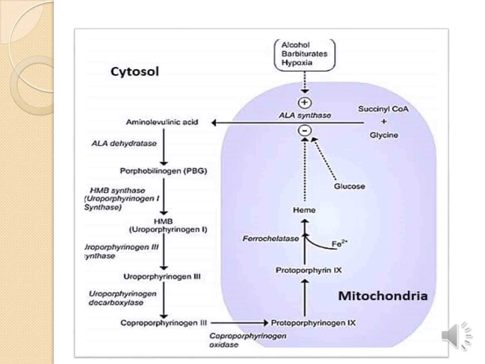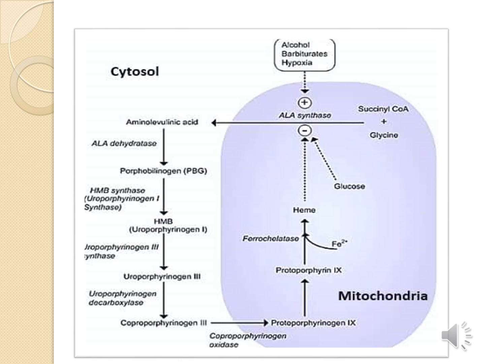Then this slide shows the ALA synthase, that is amino-levulinic acid synthase, which acts as an enzyme for the conversion of succinyl-CoA and glycine to amino-levulinic acid, from the area of mitochondria to cytosol.